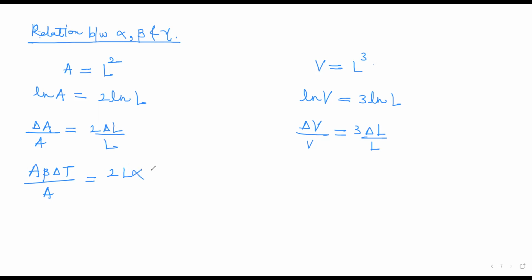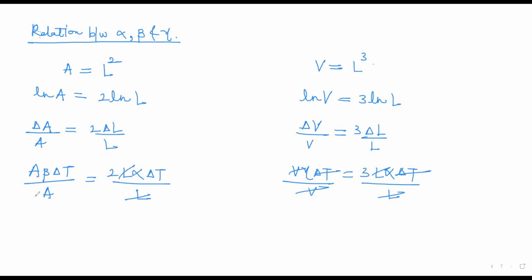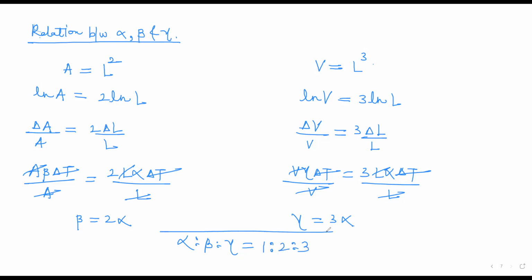Delta L is L alpha delta T for the same change in temperature, upon L. Similarly, here it is V gamma delta T by V is equal to 3 L alpha delta T upon L. Delta T cancels out. So beta is equal to 2 alpha and gamma is equal to 3 alpha. And so alpha is to beta is to gamma is equal to 1 is to 2 is to 3. I hope all of you understood this.